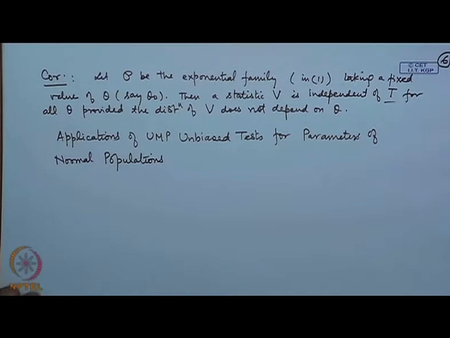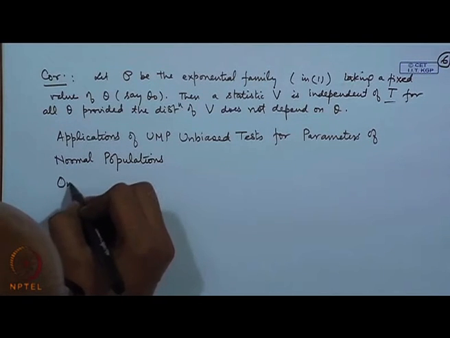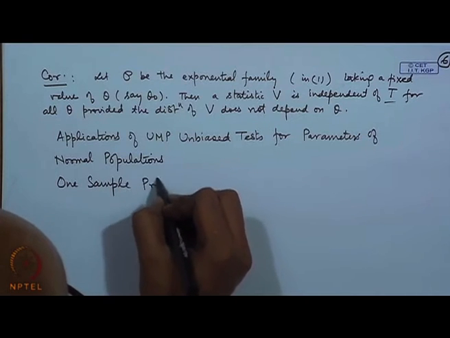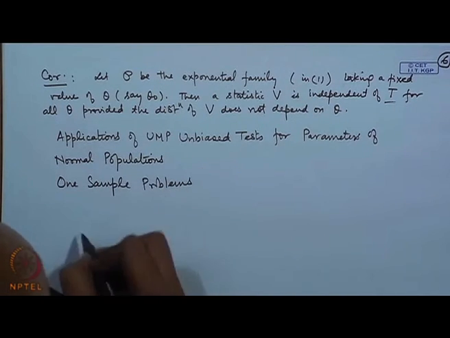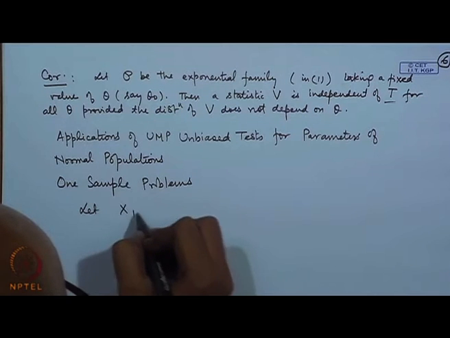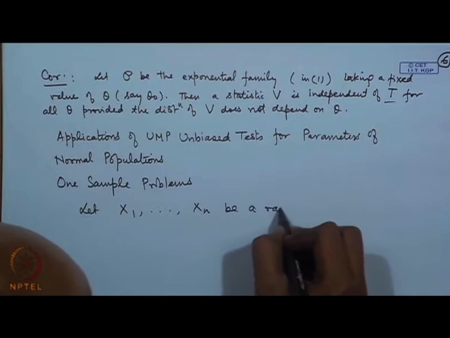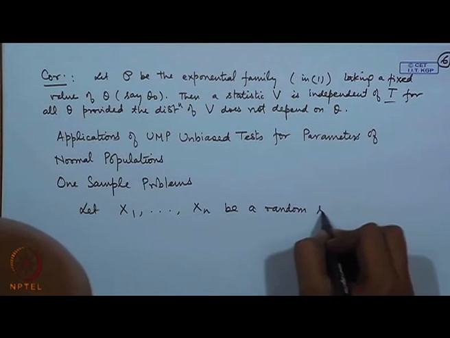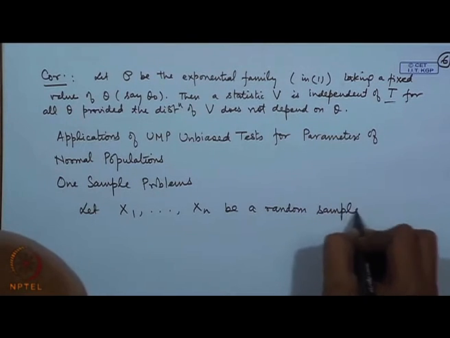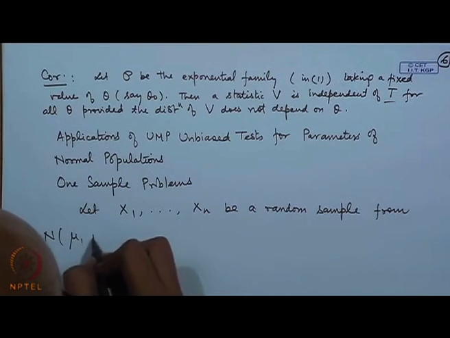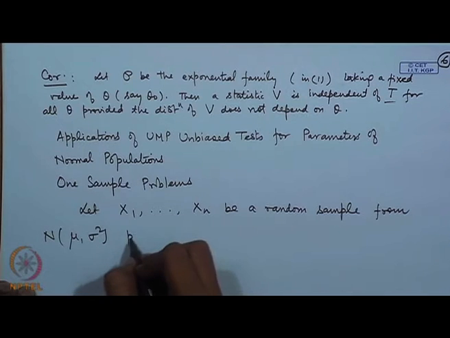To start with, let us consider one sample problems. That means, we are having X 1, X 2, X n, a random sample from normal mu, sigma square distribution.